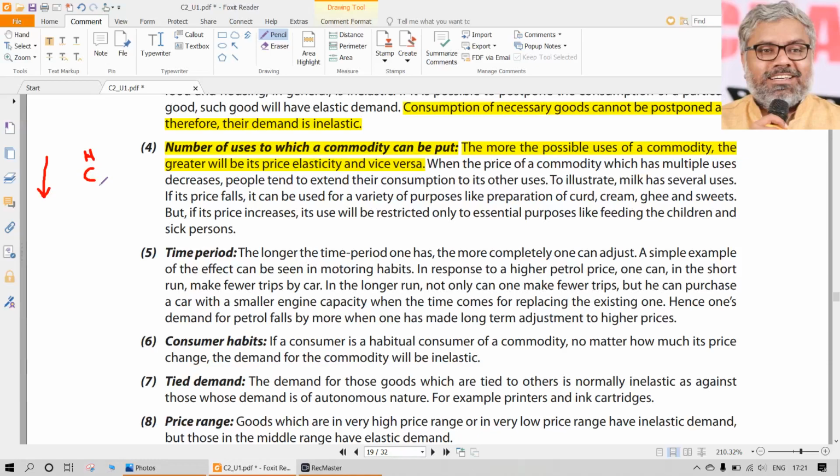If it is further cheaper, maybe we can extend it for transport also, means buying electric vehicles. Pollution is one part, that is the reason why people buy electric vehicles. But if electricity is available at lower prices, then it can be used as a fuel instead of petrol and diesel. So that can become a substitute.